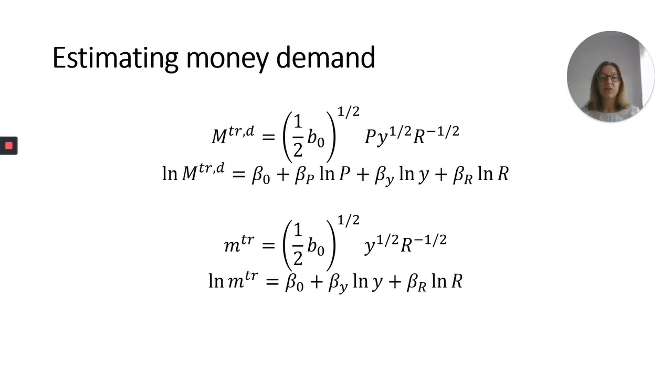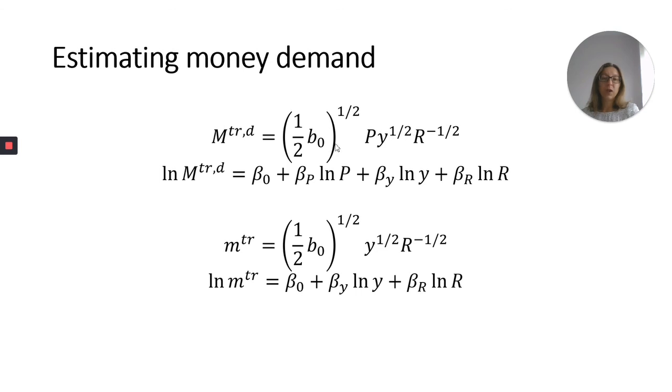In all the cases, we had this formula to explain the transactions demand for money. The difference between those two is that the upper is nominal, it has a price component, and the lower is a real transactions demand for money without prices.